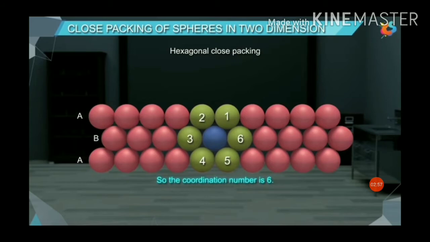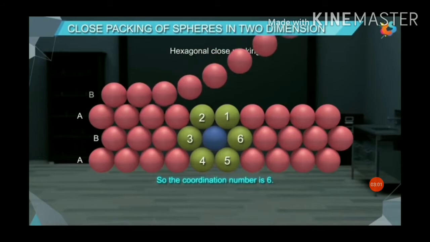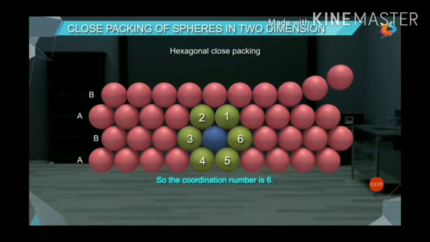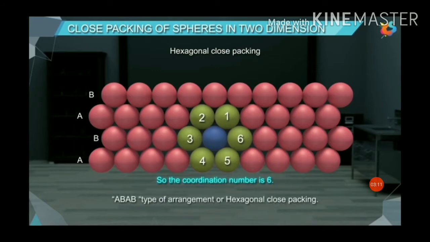So the coordination number in hexagonal close packing is 6. This type of arrangement is known as AB type of arrangement or packing.